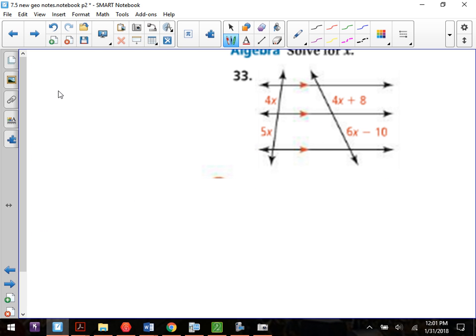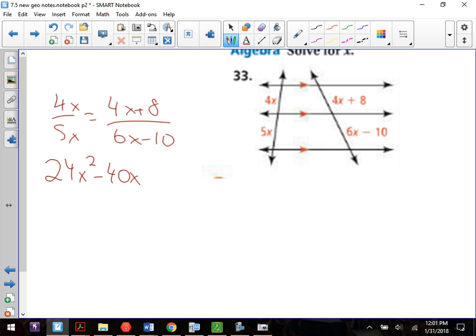Again, you've got your fraction bar, so you have 4x over 5x equals 4x plus 8 over 6x minus 10. Cross multiply, we're going to get 24x squared minus 40x equals 20x squared plus 40x. When you have x squareds on both sides, you want to make sure you set one side equal to 0.